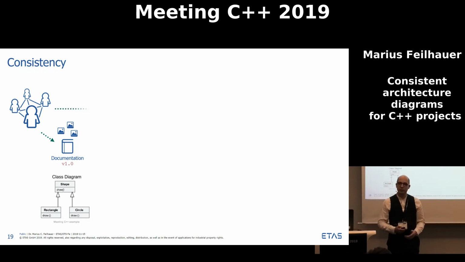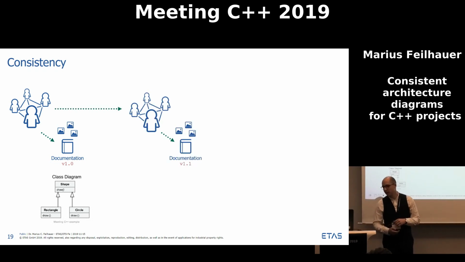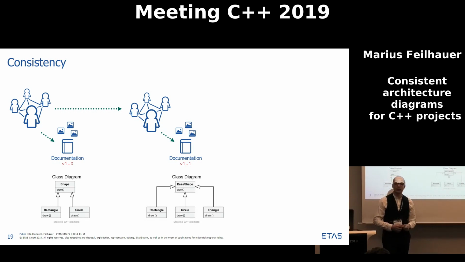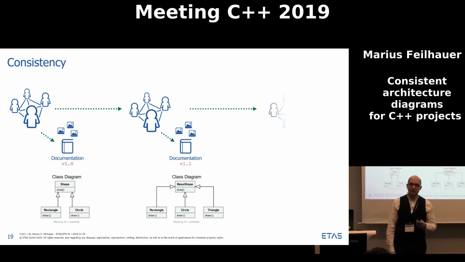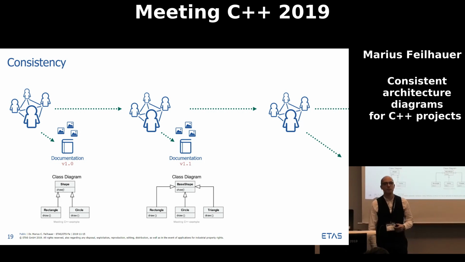Then we continue developing, and of course we also have to update our documentation for our next release. And this step from getting these class diagrams transformed, that's the main intention. What I mean with consistency, they have to be part of our version control system, of our build pipeline. And let's dig into how to create some of these.